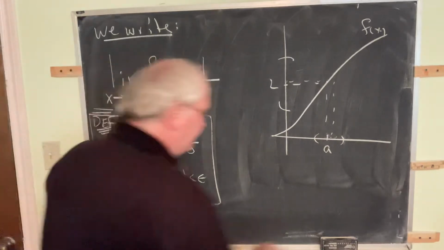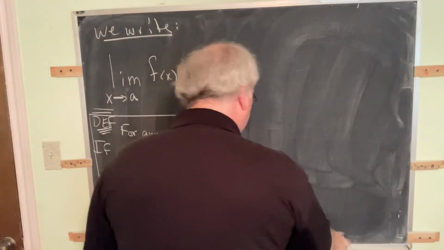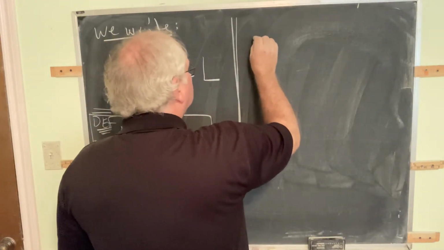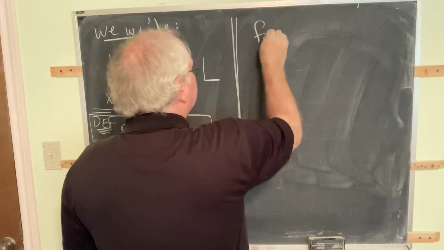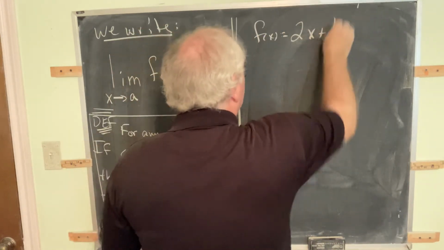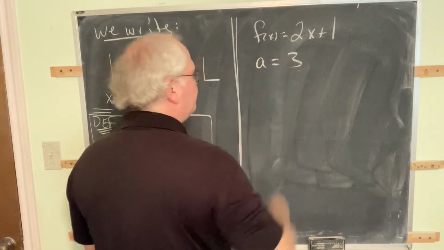So let's do a specific case. Suppose f of x is, I'll just pick something out of the blue sky, 2x plus 1. And suppose a is 3.